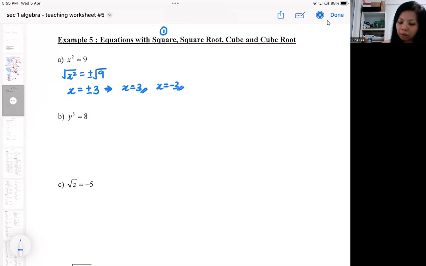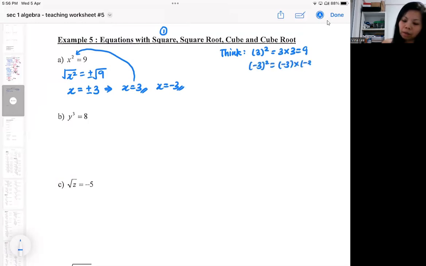You can try thinking backwards. If you have 3 squared, 3 squared will be 3 times 3, that gives you a 9. The reason why it can also be negative is because negative times negative also gives you a 9.